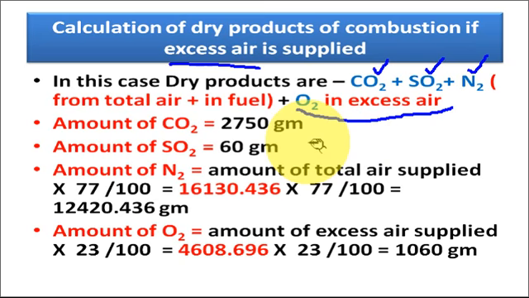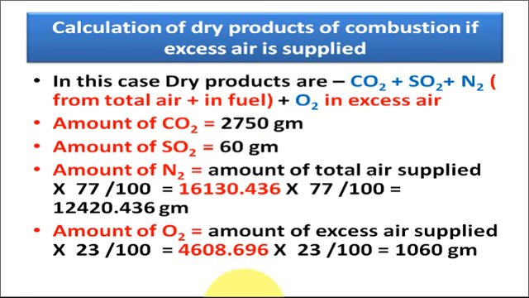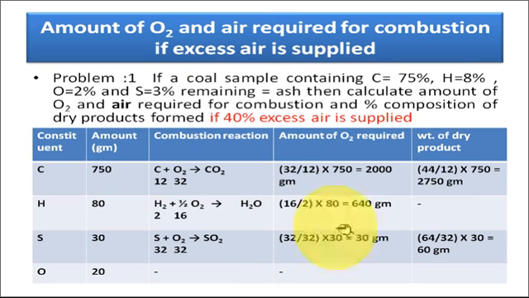Now, let us take this example again. In this example, for the calculation of carbon dioxide as a dry product, we know we have to multiply the amount of carbon by 44 by 12. So this is the amount of carbon dioxide. H2O is not considered as a dry product, so we are not considering H2O here.